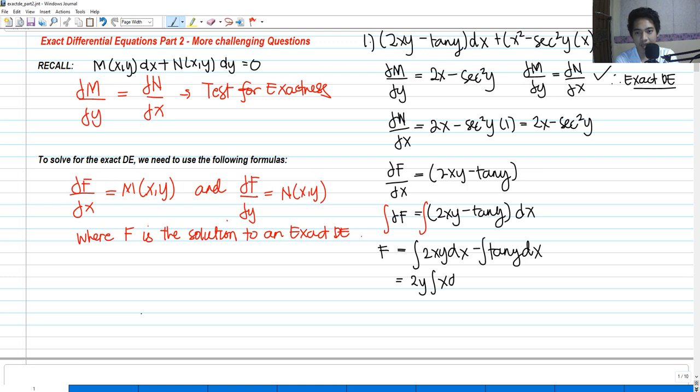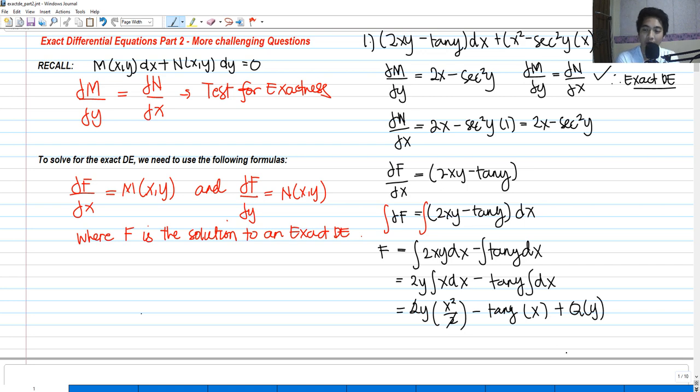So we have 2y times x squared over 2, the 2's cancel, and tangent of y times the integral of dx, which is x, plus a q(y) constant.